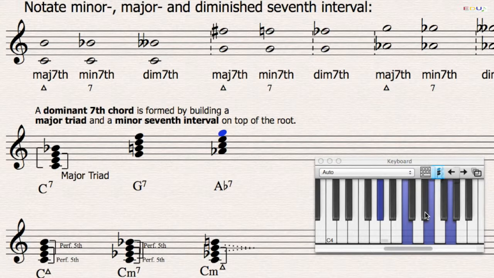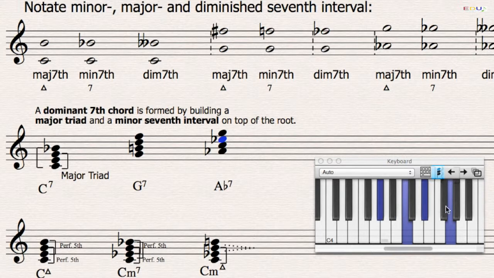This is this key. The tone material given is this, so I need to flatten this E to an E flat. And this automatically will give us the perfect fifth between tone 1 and tone 3. Now we need a minor seventh on top of A flat. Let's see what we got.